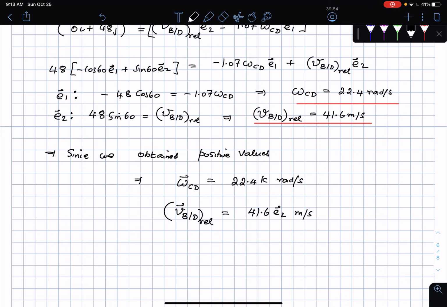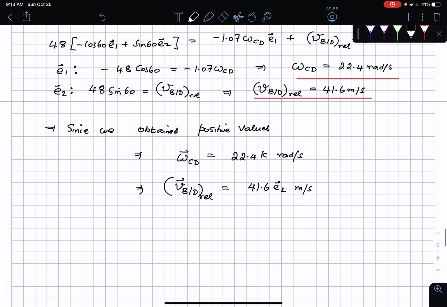So this is what we have. This is the velocity of the collar at B relative to CD. So we're done with one part, and then we have the last part.